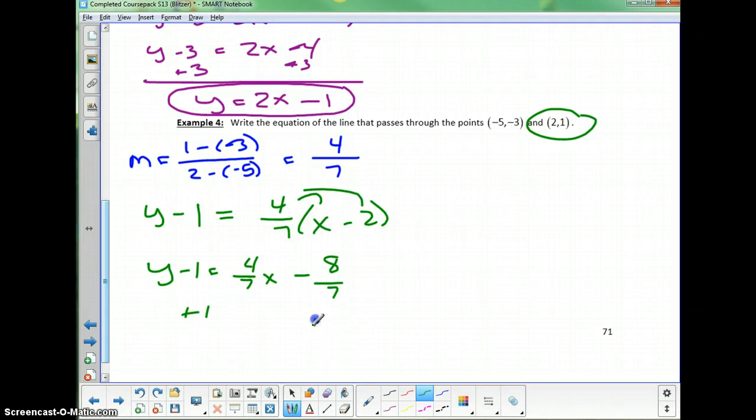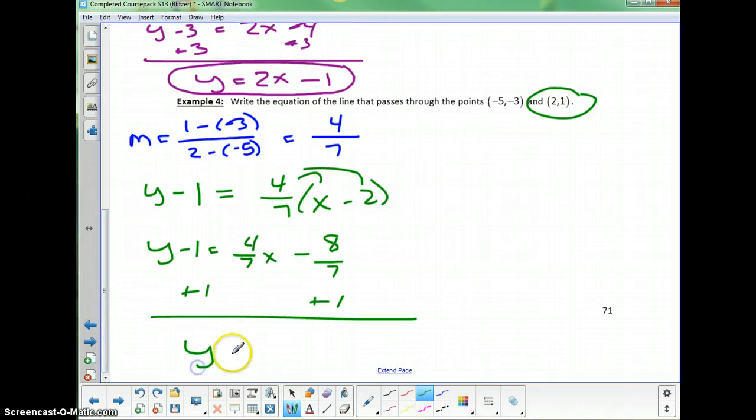We're going to add 1 to both sides to get y by itself. We will end up with y equals 4/7 x, and then notice that 1 is the same thing as 7/7. So negative 8/7 plus 7/7 will be negative 1/7.